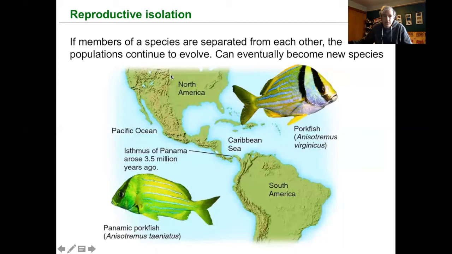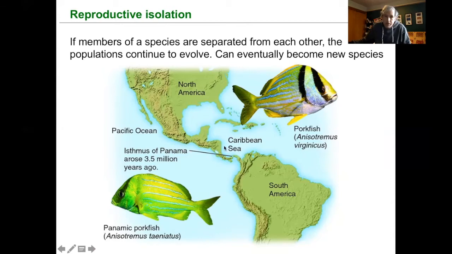So this is North America, here's South America, and here we have Central America. We talked a little while ago about how South America used to be an island and then it became connected to North America by this giant land bridge as the Caribbean plate moved into position. So when this happened, there was ancestrally a group of fish, or a species of fish that was around here called the porkfish.